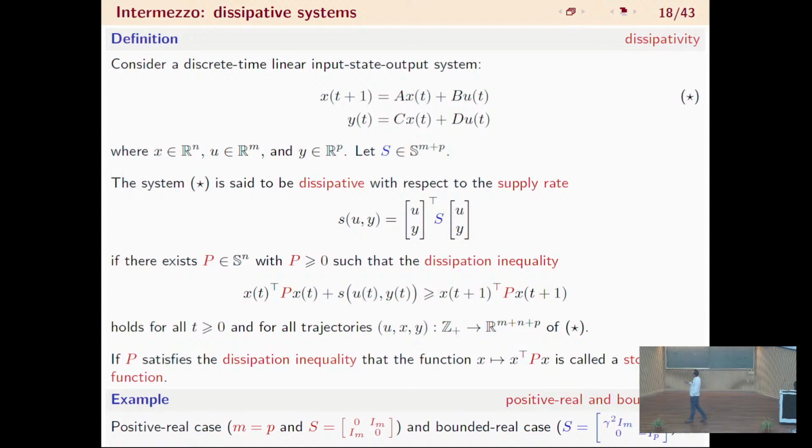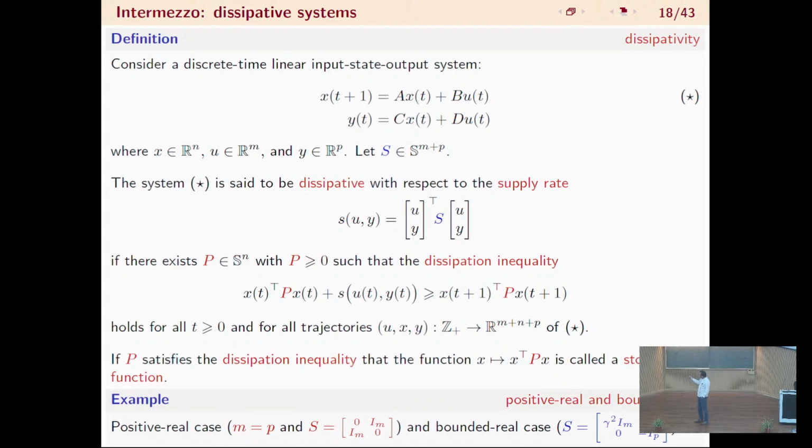And two very important examples of dissipative systems are given by this choice of supply rates. The first choice says that S(u,y) is equal to u transpose y, like in circuits. If u and y are voltages and currents, for instance, then this is the power, u times I. M is equal to p, and this is called the positive real case. It is also called passivity.